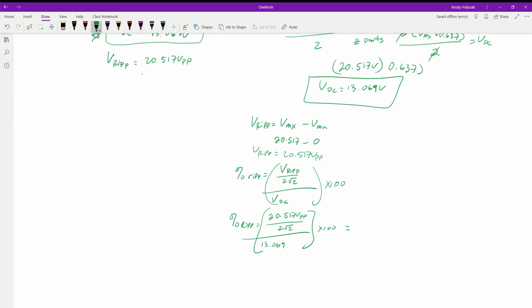And when we get that, this comes out to be 55.5%. So right off the bat, just by adding in an extra diode and then tying into the center tap, we've been able to cut the waste, or how effective it is, by half.